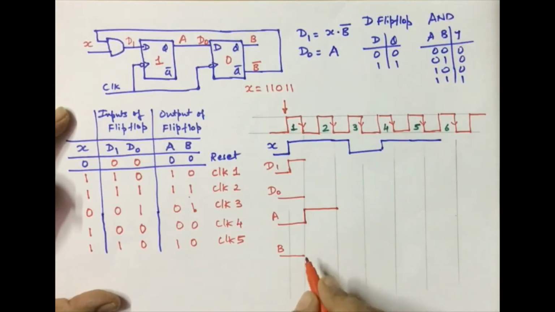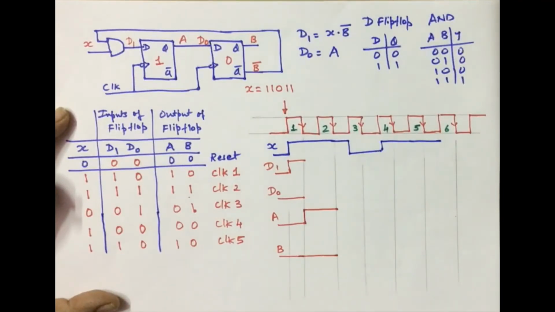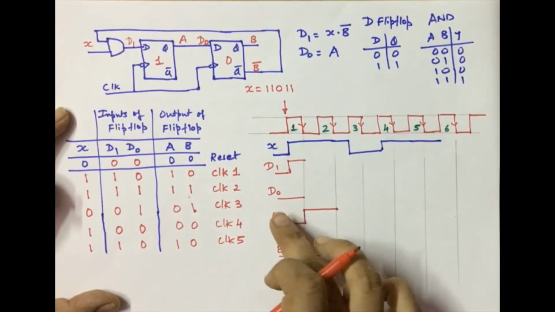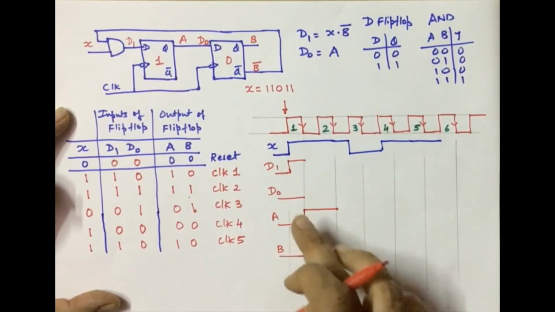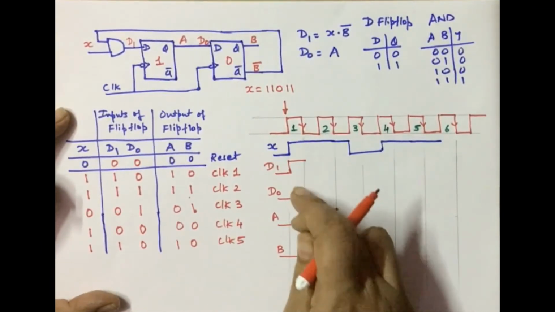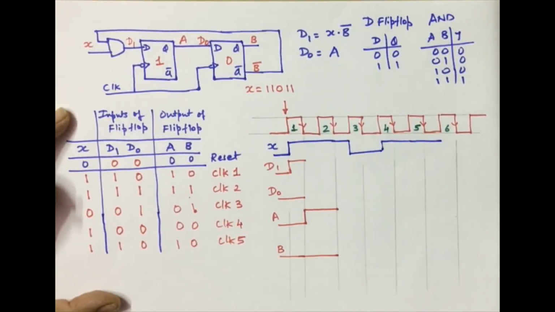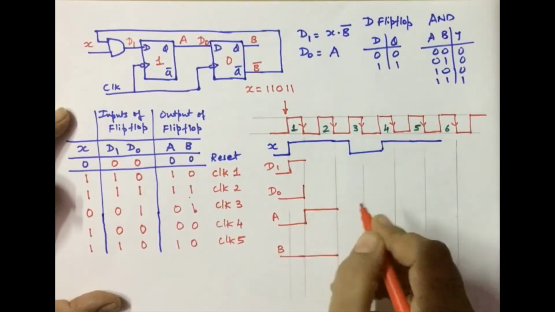B will remain 0 till the second edge comes. The moment A and B change, over here, whenever A changes, D0 is going to change from 0 to 1.